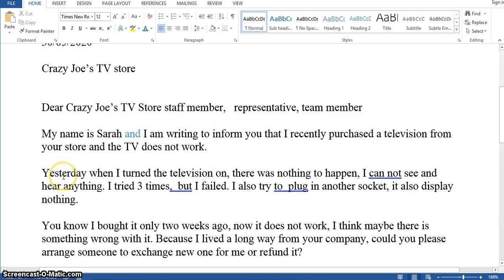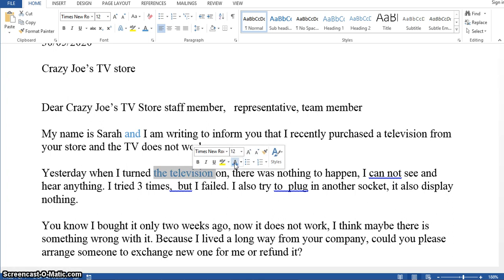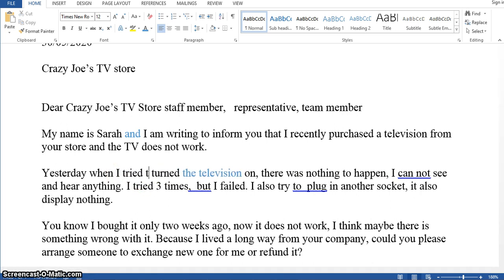This is the start of a new paragraph. So yesterday when I turned the television on, there was nothing to happen. Well, if there was nothing happening, that means the television did not turn on. So yesterday when I tried to, and tried is in past tense, so now I can take turned out of the past tense.